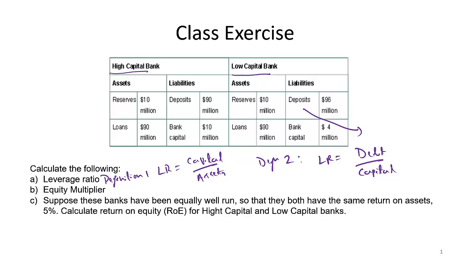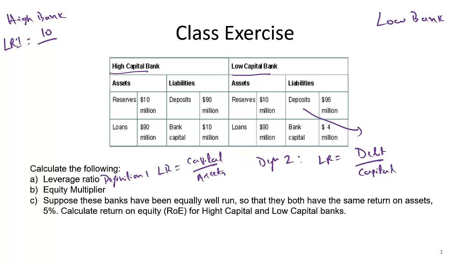So I'll write high bank here and low bank on this side. By definition of leverage ratio 1, capital over assets: how much is the capital? It is 10 million. And how much are the assets?